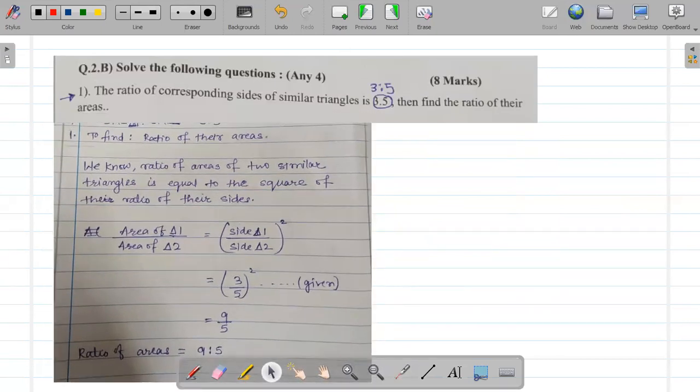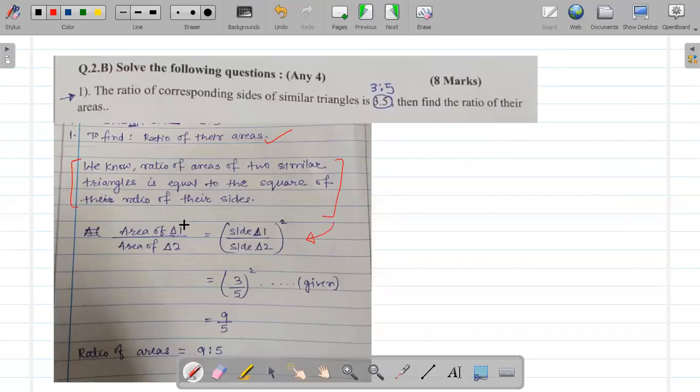Yeah, so for this one, we are given the ratio and we are asked to find the ratio of the areas. Now we know this property, so we can write it out that the ratio of areas of two similar triangles is equal to the square of the ratio of their sides. And that's how we can put it up in an equation.